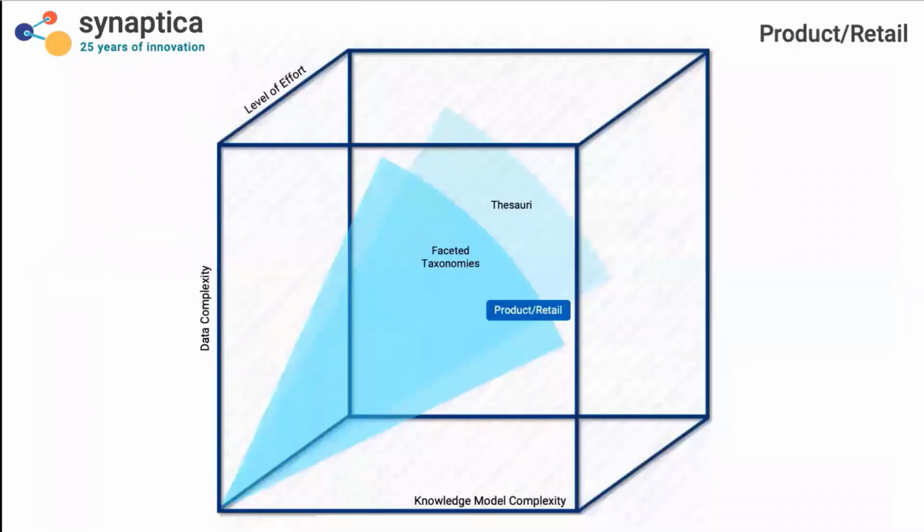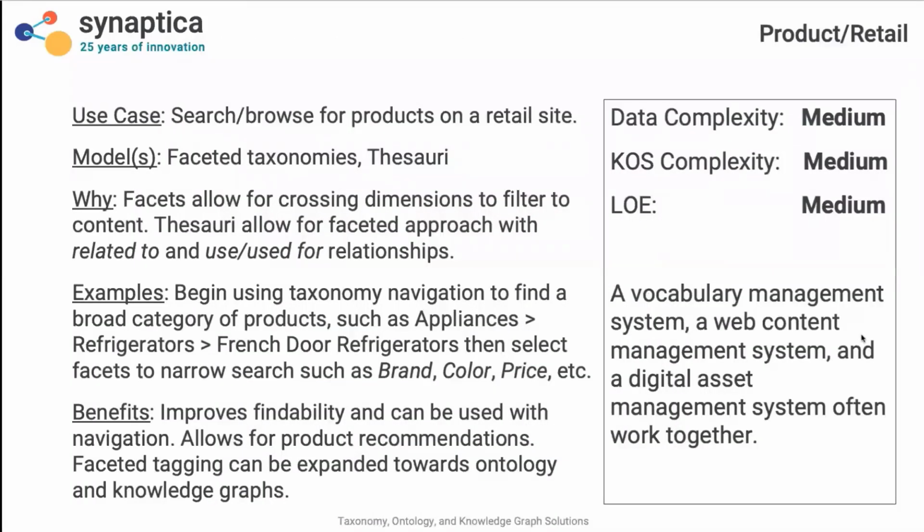Our next use case is very similar. It's about product and retail, and you can see here that the cube is picking the same types of taxonomies and thesauri. So in this instance, an e-commerce search for products on retail websites, they also leverage these faceted taxonomies and thesauri. The front end might be a web content management system, allowing for search and navigation.